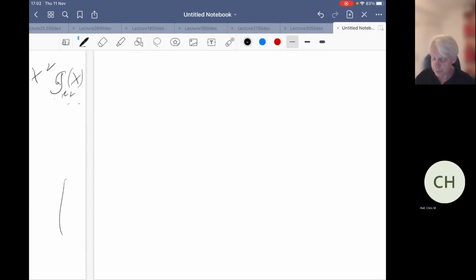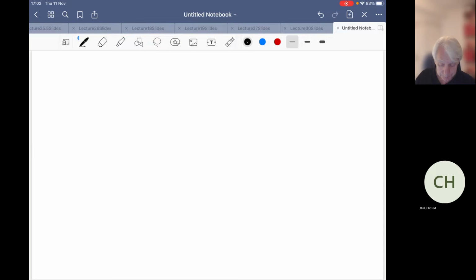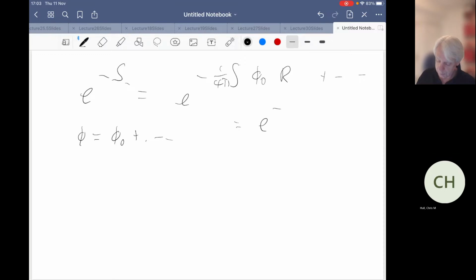So this means that if we look at e to the minus the action, and we think of the scalar field, the dilaton, as being a constant plus some other pieces, then for the constant piece, we get e to the minus the integral of phi 0 R with 1 over 4 pi, plus other terms, and this is equal to e to the minus 2 phi 0 times (1 minus gamma).